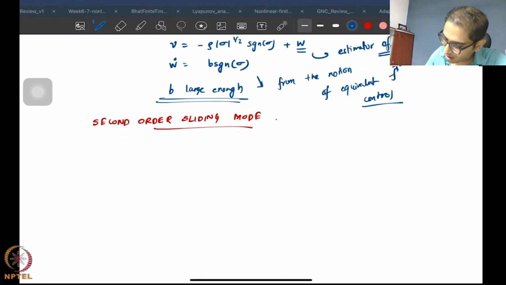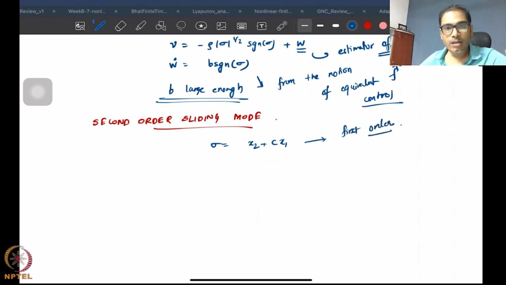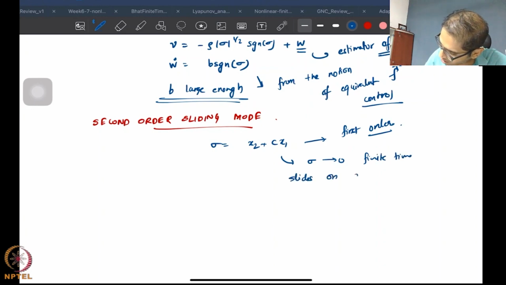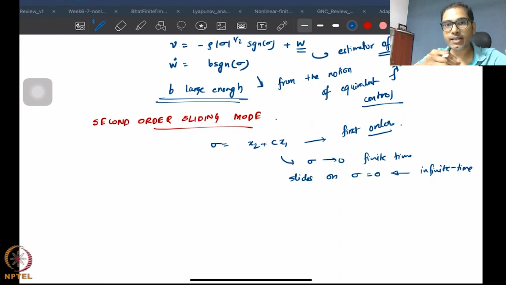Earlier we constructed sigma as x2 plus some c x1. Okay, and we said this is first order, because what does it do? Sigma goes to 0 in finite time and slides on sigma equal to 0 for infinite time, until both states actually go to 0, right?